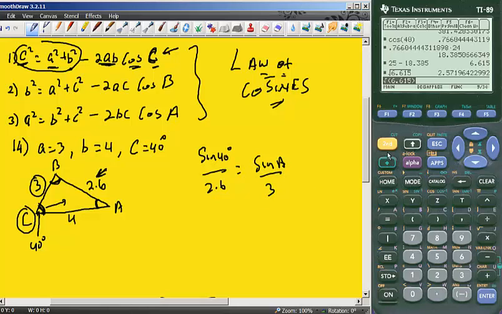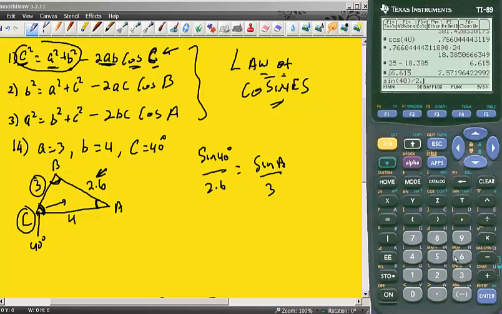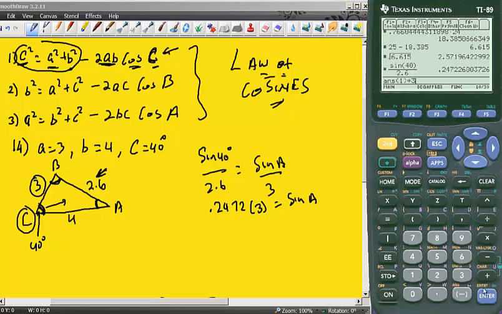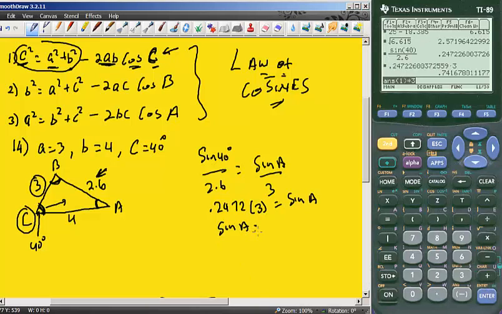Back to law of sines, we take sine of 40 degrees and divide that by 2.6. That turns out to be 0.2472. We multiply that by 3, which gives us sine of angle A, equal to 0.7417.